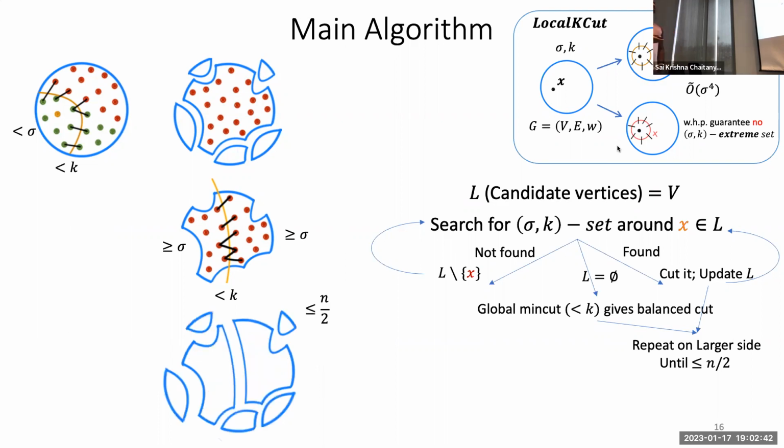Once we have completed them, we have exhausted all, and we keep doing this until every large side becomes less than or equal to n over 2. Now even this side became less than or equal to n over 2. So we end up with a bunch of graphs, each of size less than or equal to n over 2. These outer small vertex sets we got through local cuts.